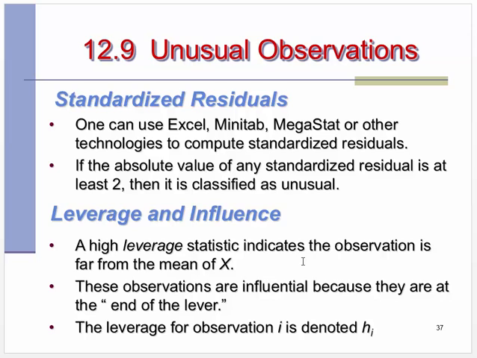Unusual observations. Sometimes we have unusual observations. Let's talk about standardized residuals. You can use Excel, Minitab, MegaStat, or other technologies to compute standardized residuals. If the absolute value of any standardized residual is at least 2, then it is classified as unusual.